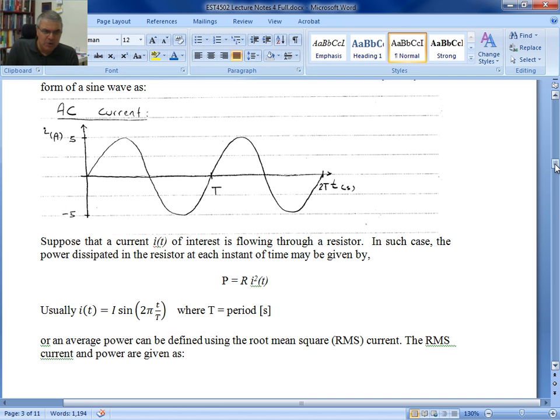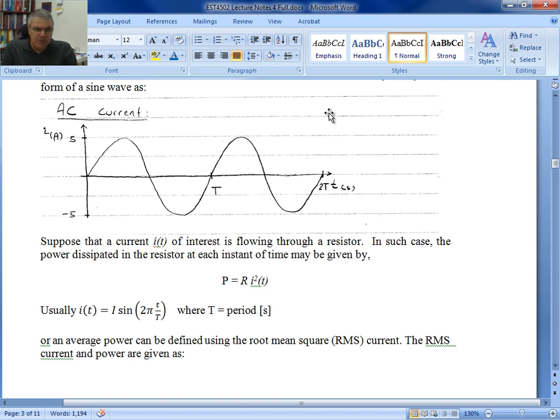So if you have a current that varies over time, and let's say in this case it goes from minus 5 amp to plus 5 amp over a certain time, and the period is shown as such, from this point to this point, that would be the period of such a wave.